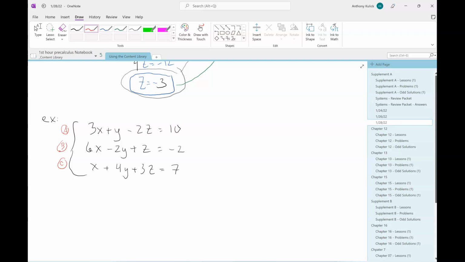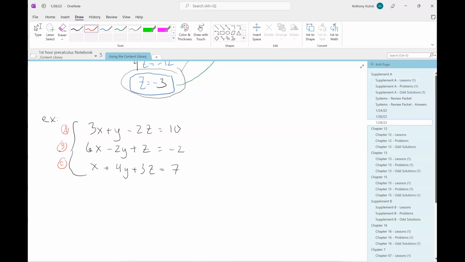Okay. So when we do elimination, again, kind of the same idea that we had before, except we're going to have to do more than one elimination. Everybody's okay with that? So first thing I want to do is pick a variable to eliminate.